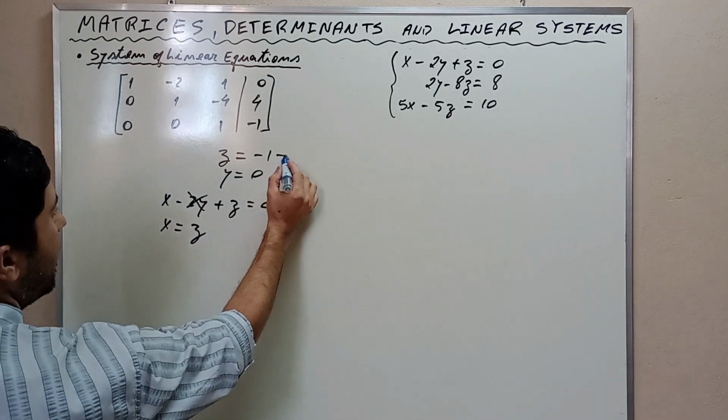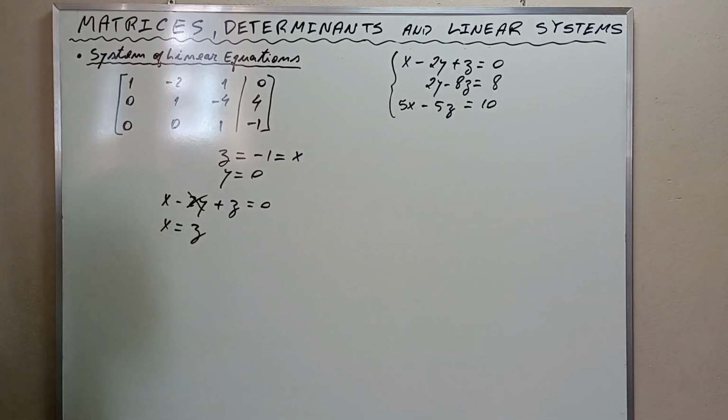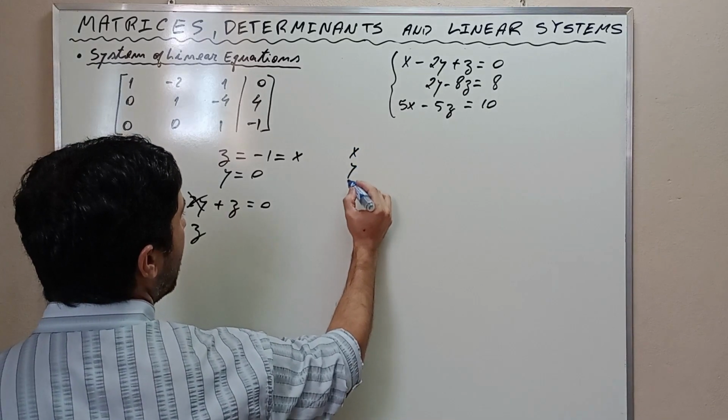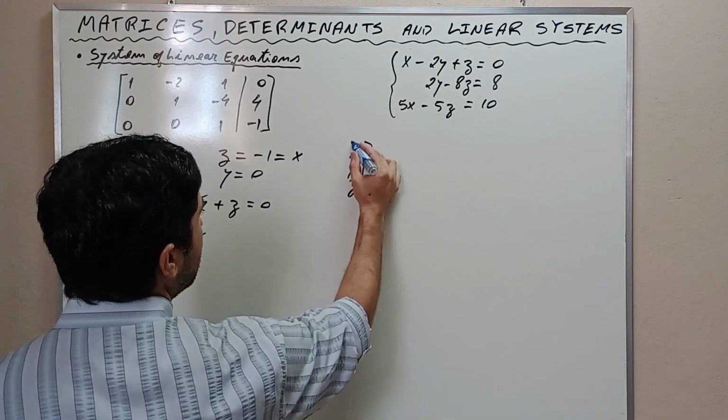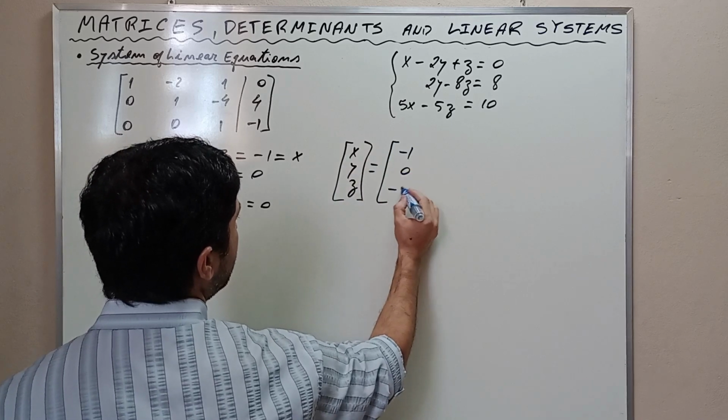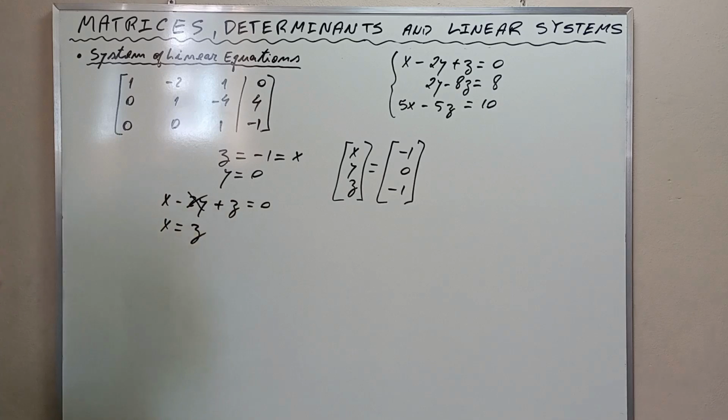Then we know that x is also equal to negative 1. And we have the solution of the system. x, y, and z are equal to negative 1, 0, negative 1. This is the solution of the system, okay?